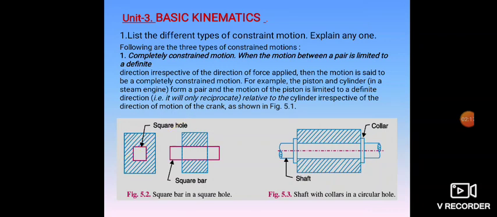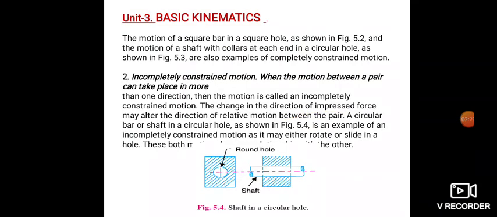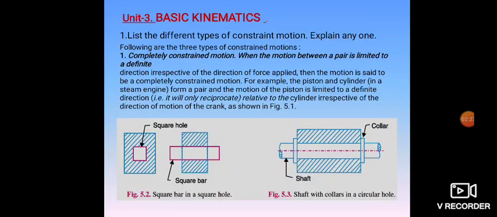Then second, figure 5.2 as well as 5.3 are also completely constrained motion. Definitely in one direction only it is fixed, irrespective of the direction of the force applied.